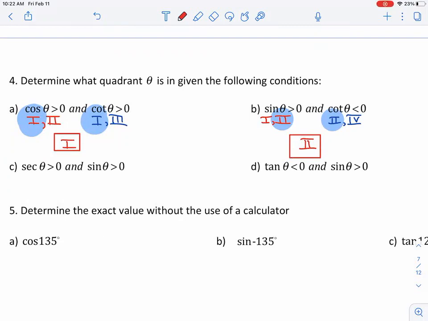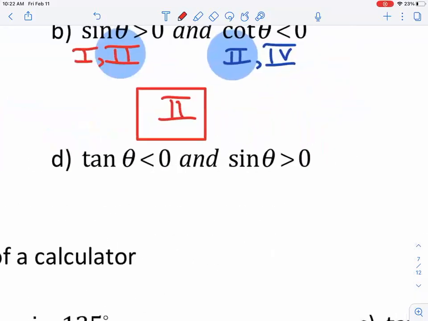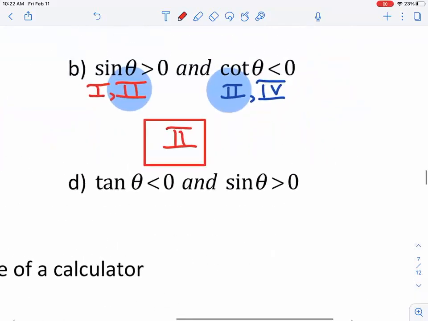All right, so we're just determining the quadrant on those first. Any questions on the first couple? I'll do one more. Which one do you want, C or D? All right, D. So we have the tangent in D. The tangent is negative, less than 0.